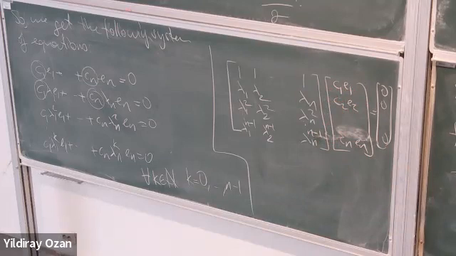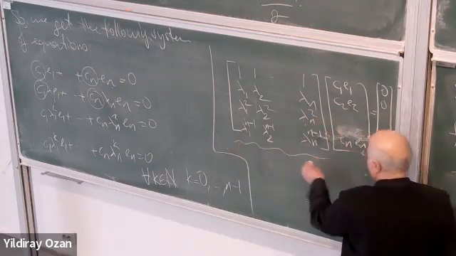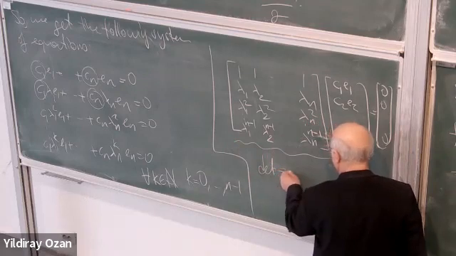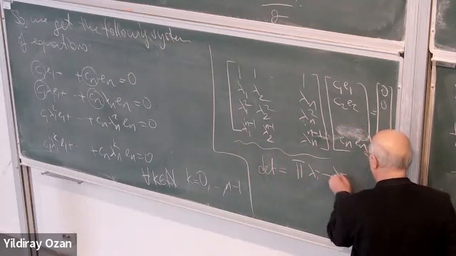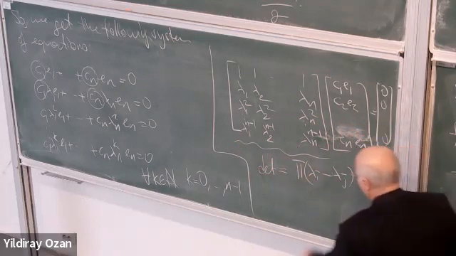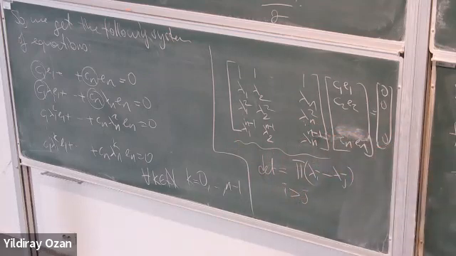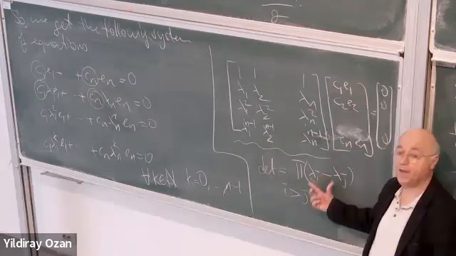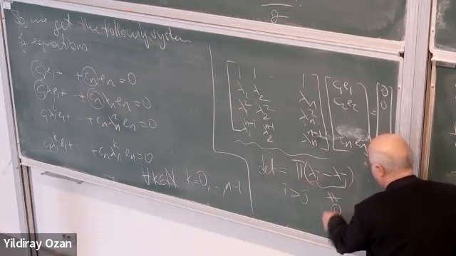And how can we solve this? Well, this is a homogeneous equation, and this coefficient matrix has a determinant. What is the determinant of this? The determinant is just the product of lambda i minus lambda j, with i larger than j. But by assumption, I know that these are different eigenvalues, so all these numbers are non-zero.